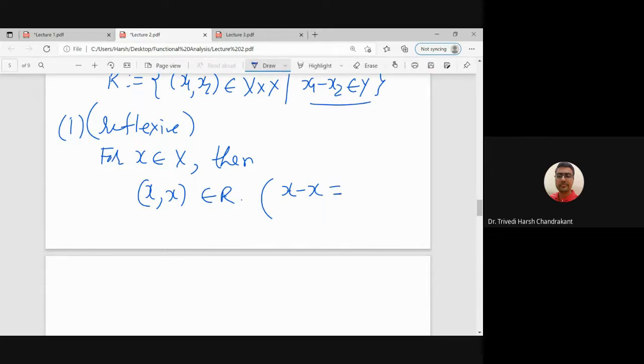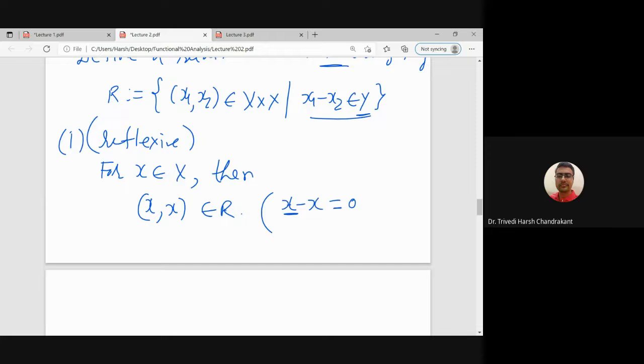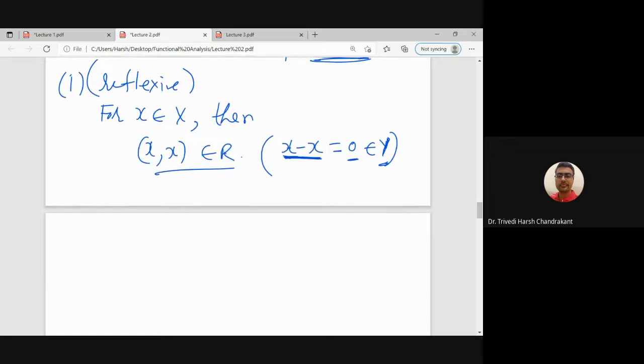And we know that x is an element of a vector space, so x minus x is the zero element. And Y is a subspace, so every subspace contains the zero element. So this condition is satisfied, and therefore (x, x) belongs to R. The first condition is satisfied.